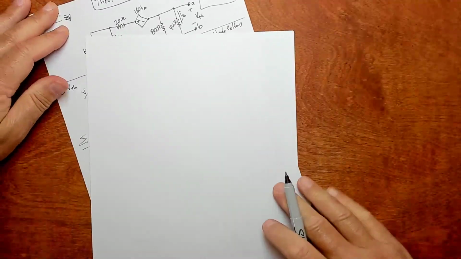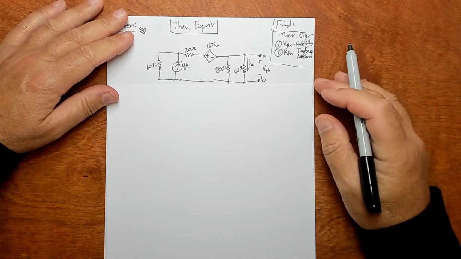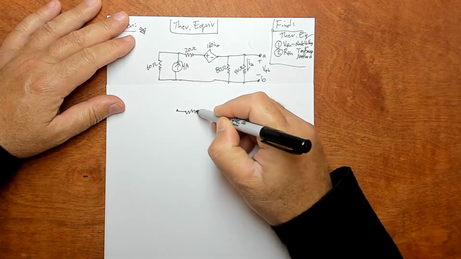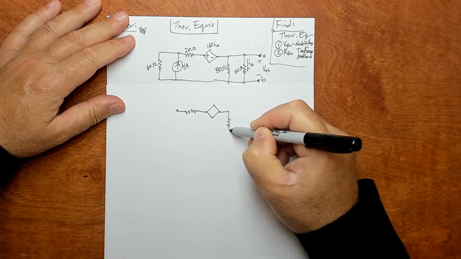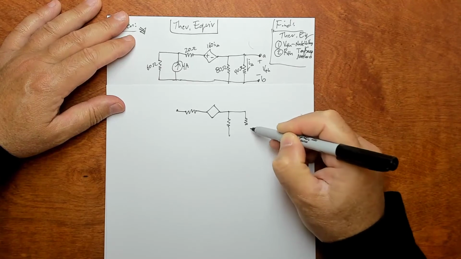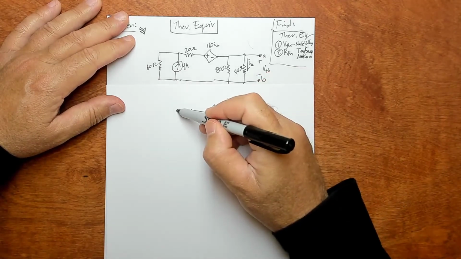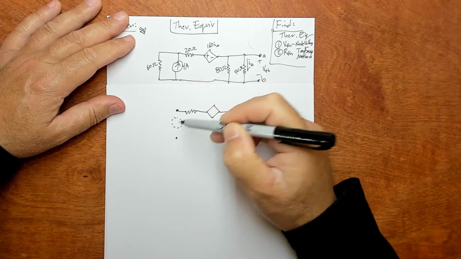So we're going to start over with our original circuit right here, and we're going to open the I's and short the V's. Let's see if I can do that without messing it up. So this guy stays there, and this guy stays there, and this guy stays there, and this guy stays there. But we open the I's, and there's an I, this 4 amp guy, so he gets opened.